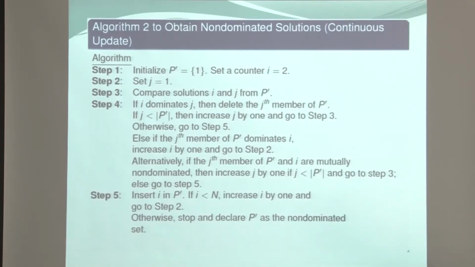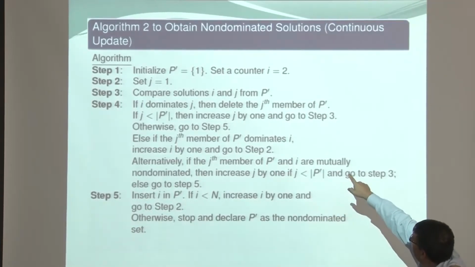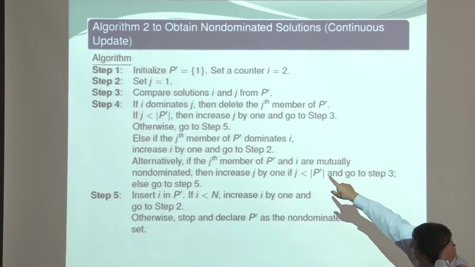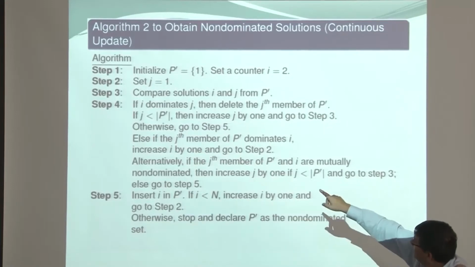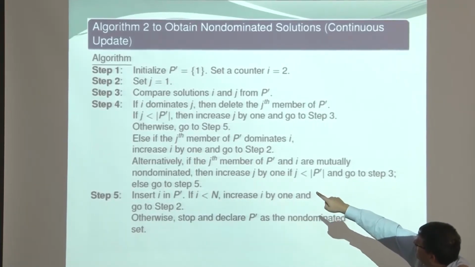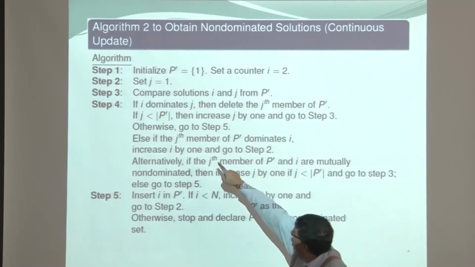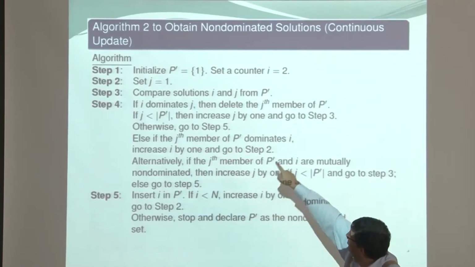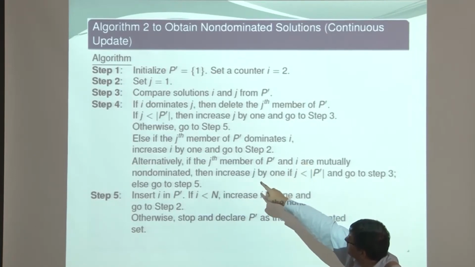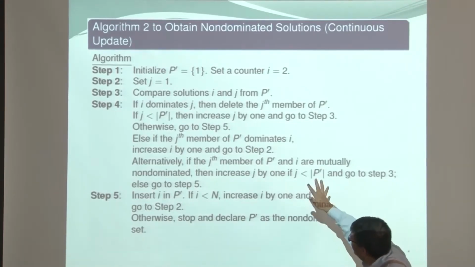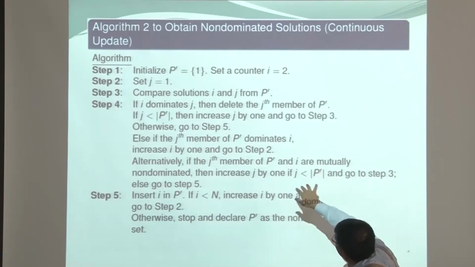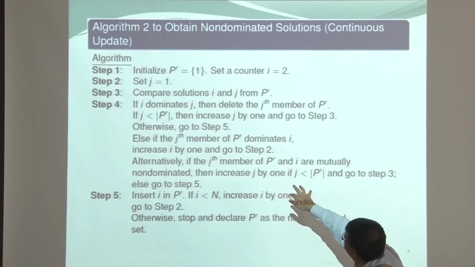So that means j now goes to the second solution, and we return to compare solutions i and j. So we are going to be doing this until we go to the last step, because whenever this is not true anymore, we have to assume the solution is non-dominated. Nobody was able to dominate it. Here it is a little bit messy. I think one of my students who messed with this algorithm introduced a step.